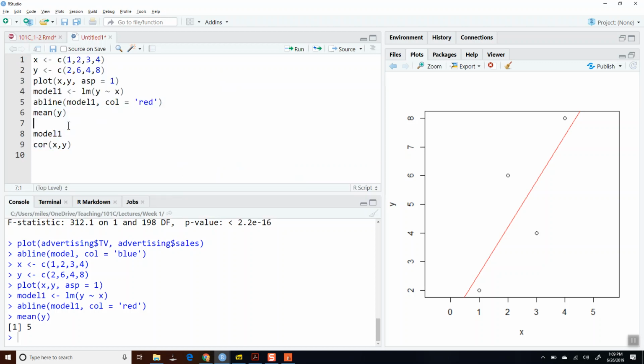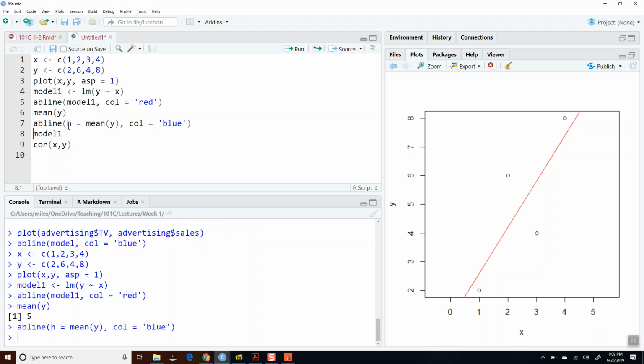So how do I do this? abline h equals mean of y, color equals blue.